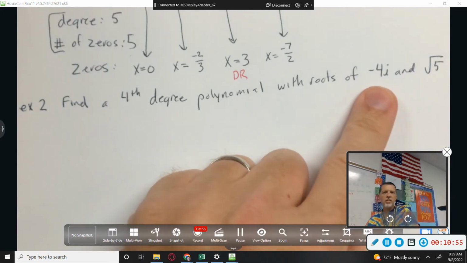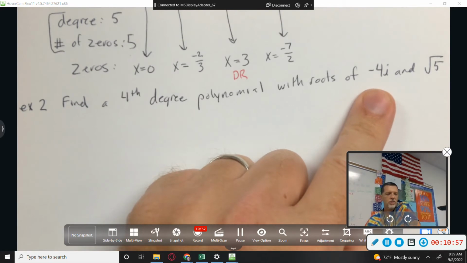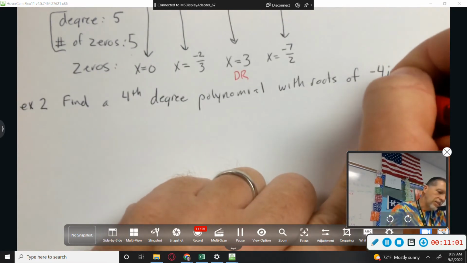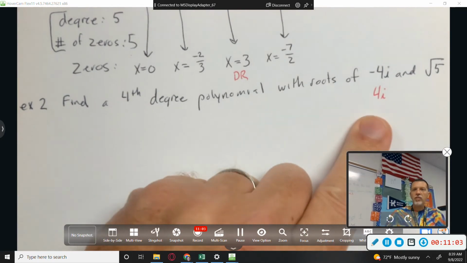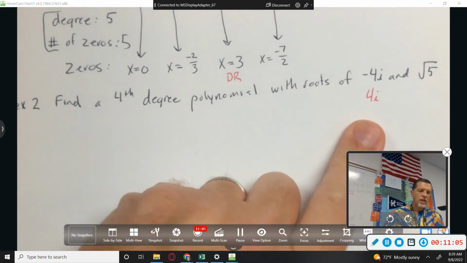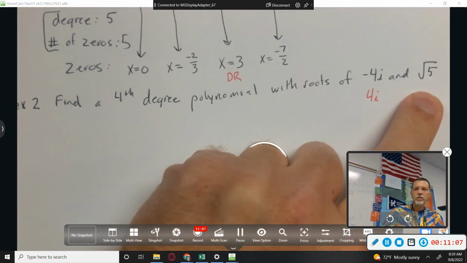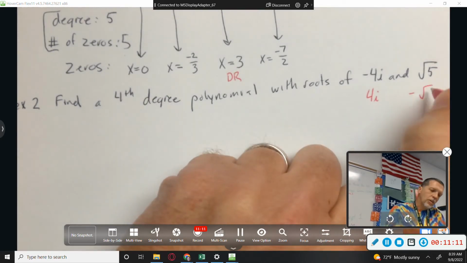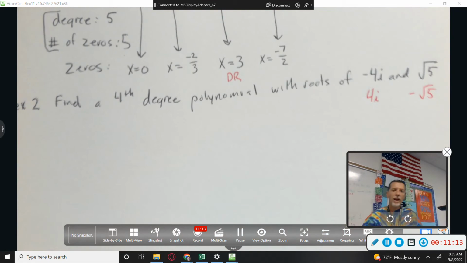Sort of, because if negative 4i is a root, what else is a root? Positive 4i, because they always come in pairs. Imaginaries always come in pairs. If square root of 5 is a root, then what else is a root? Negative square root of 5, because irrationals always come in pairs.